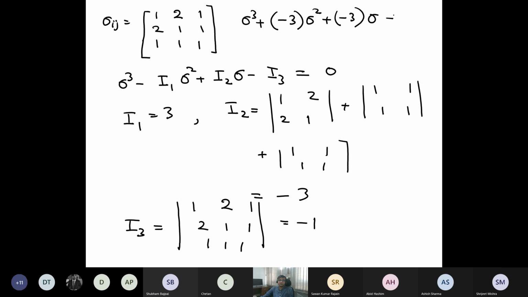And then plus 1 is equal to 0. So basically what I'm doing is sigma cube plus minus I1 sigma square plus I2 sigma plus minus I3. So I'm trying to write it in this form because I want to solve it using MATLAB, and that is the reason I'm doing it.